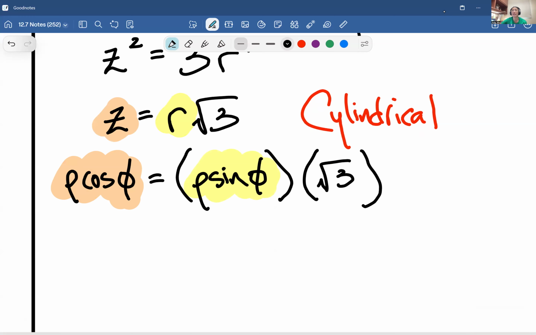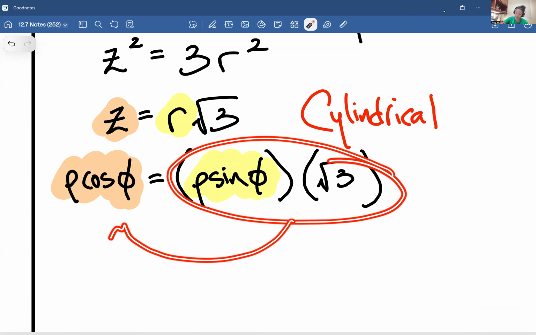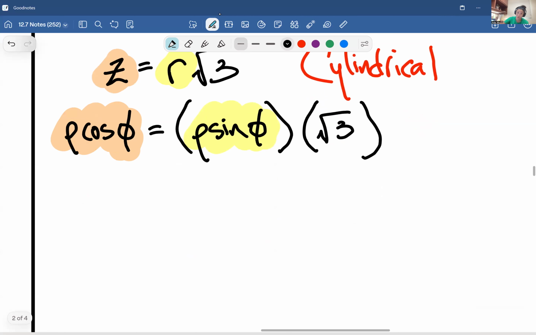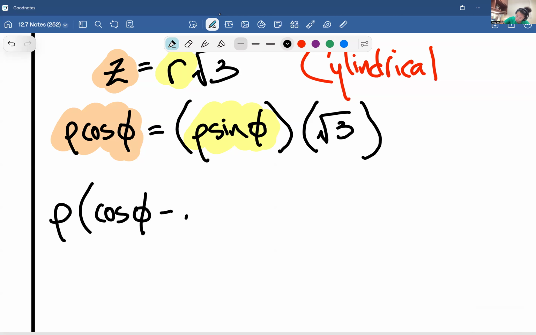And like we've seen a lot of uses of the zero product property, I'm going to move this term to the left-hand side, set it equal to 0, and factor out a rho. So I'll get rho times cosine phi minus root 3 sine phi equals 0.